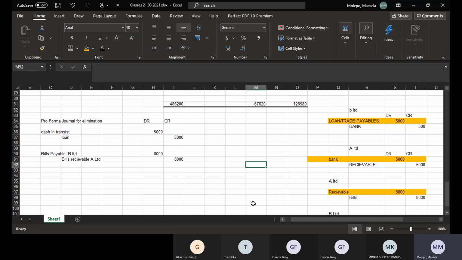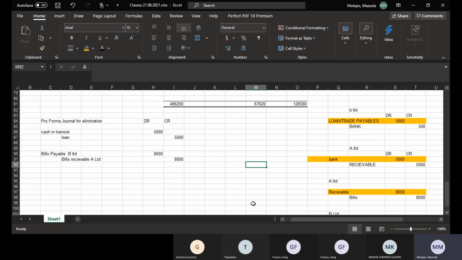So it means in his bank, the bank overdraft is now decreasing. It's no longer sitting on 14,200. It must decrease because of the 5,000 he received from B Limited. So now his bank overdraft is reduced by the 5,000, and will sit on the amount of 9,200. I hope it also makes sense there.